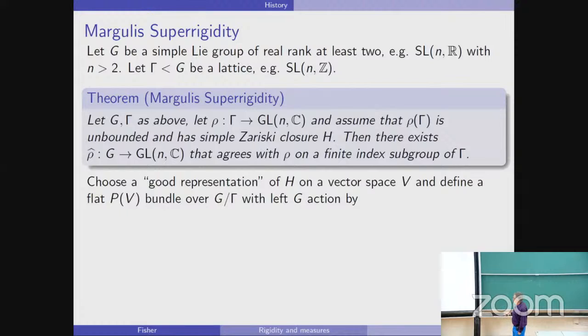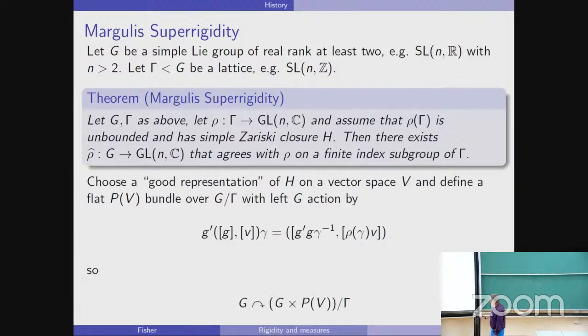With that we define a flat projective space of V bundle over G mod Gamma with a left G action by this very standard construction. What am I doing here? Here's the space of my flat bundle. I get a point in G that's really up to some action by Gamma. I get a point in the projective space of V, so I have these two equivalence classes.